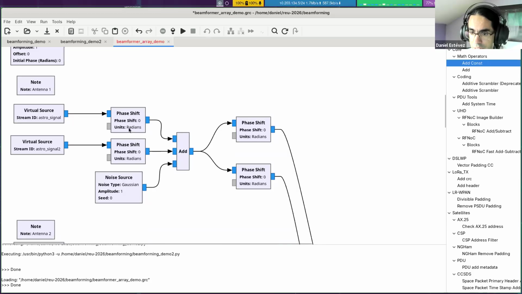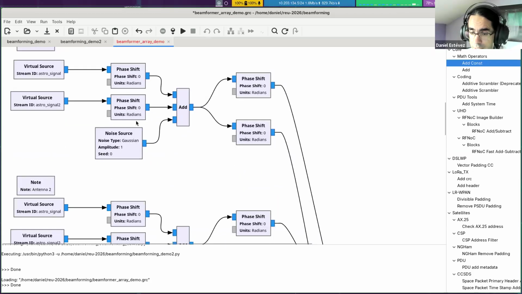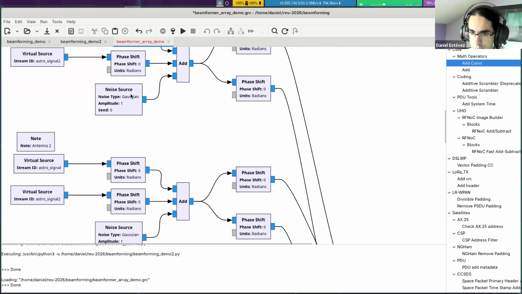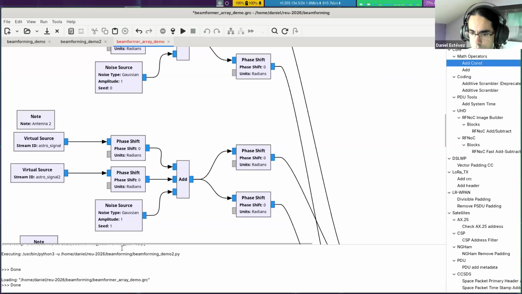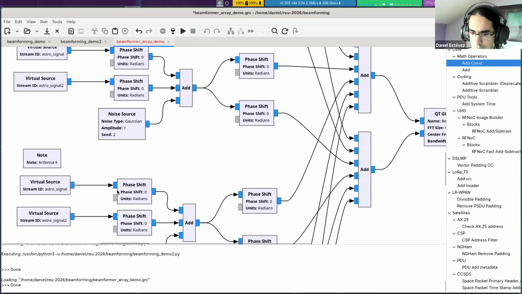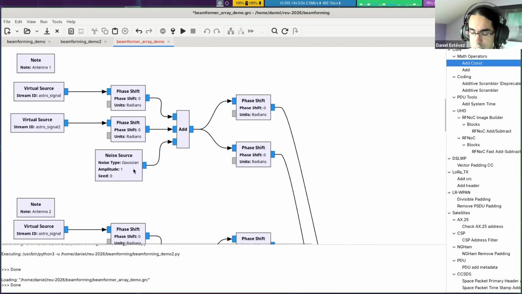So the two signals arrive with different phase shifts to each of the antennas because of their location in the sky. Then each of the antennas has a different Gaussian noise source, so different seed, 1 to 3, etc., simulating again the noise in the receivers. Everything gets added. And now we need to have our beamformers. So I'm going to have only 2 beamformers, but we can have any number of them.